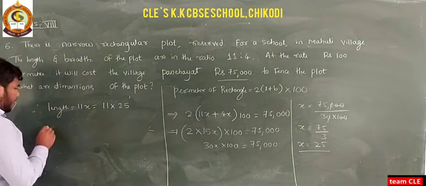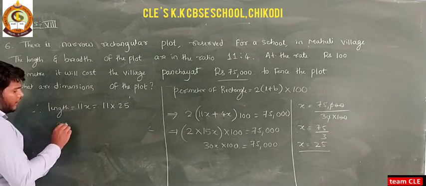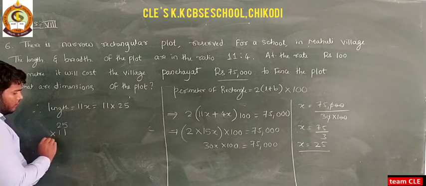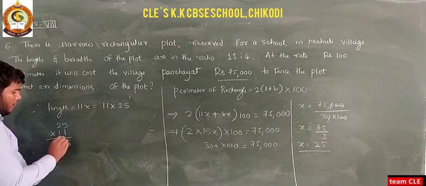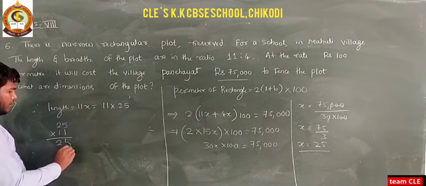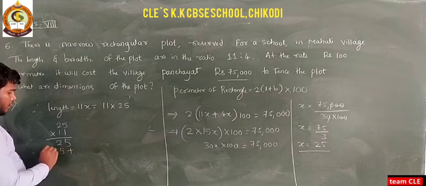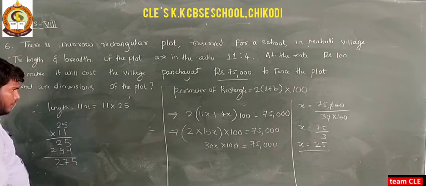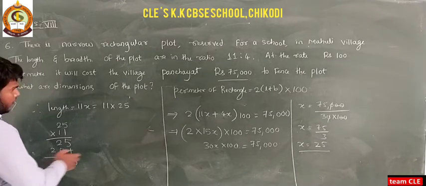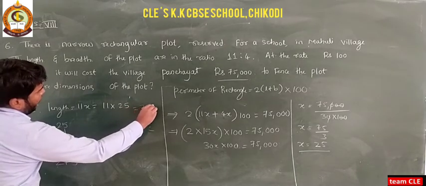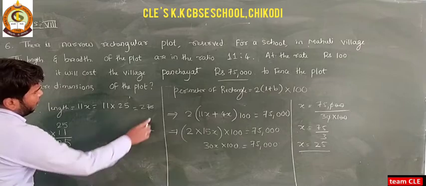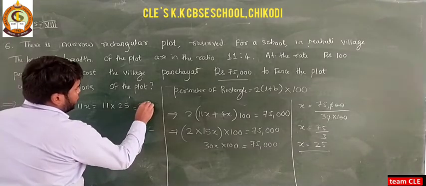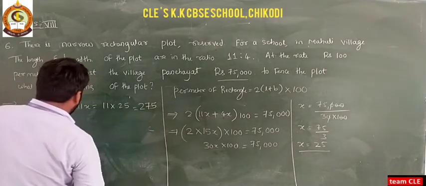Calculating, 1 fives are 5, 1 twos are 2, plus 5 and 2 again, giving 275. So the length we required is 275 meters.